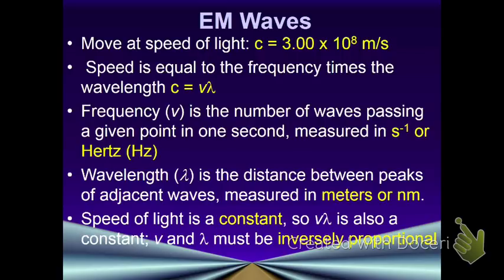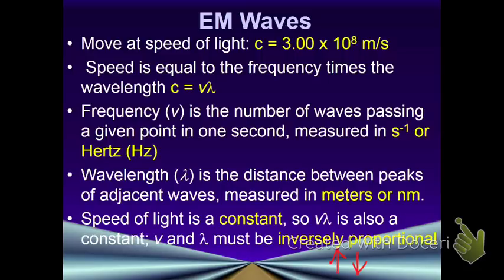And then the speed of light is a constant, and so the frequency times the wavelength is also a constant. So what that means is that they are inversely proportional. And of course, if something is inversely proportional, that means if one of the parameters goes up, then the other one has to go down, because they always are going to be equal to a constant.